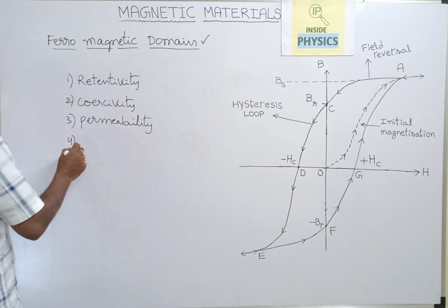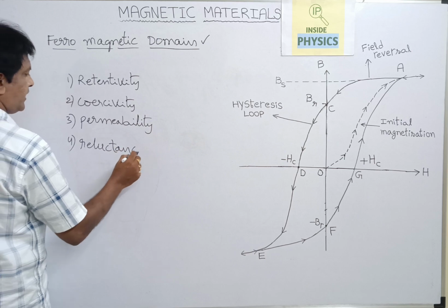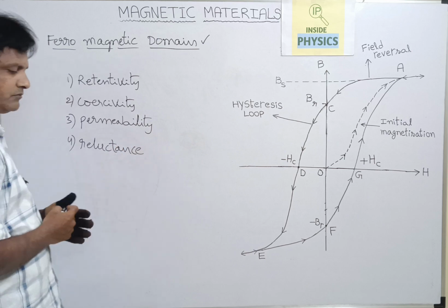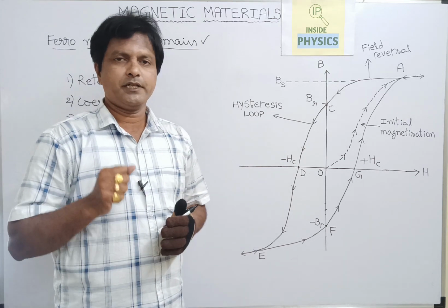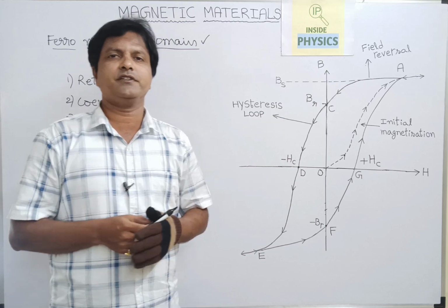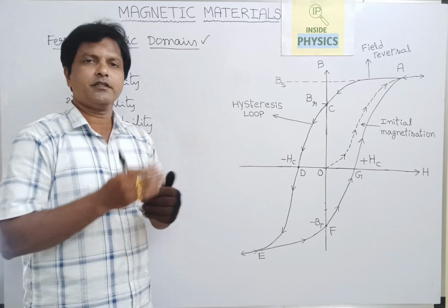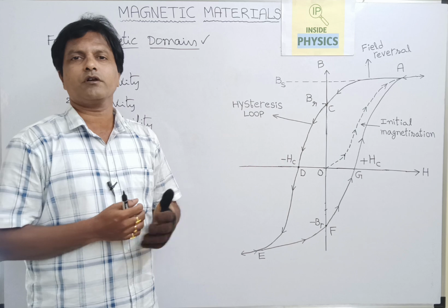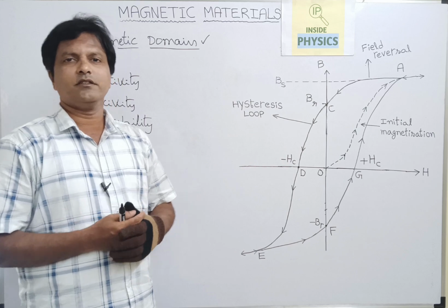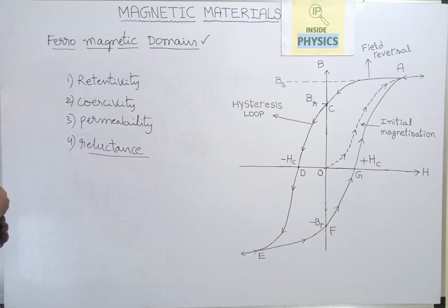And the fourth one is reluctance. Reluctance is the tendency of not responding to the applied magnetic field. So it is reluctant: it will not come into orientation even when you apply a very strong magnetic field. It is a property of some materials which are reluctant to respond to the applied magnetic field.